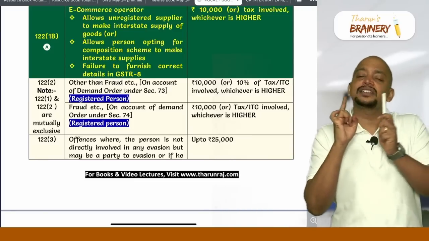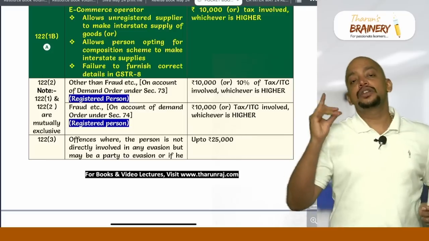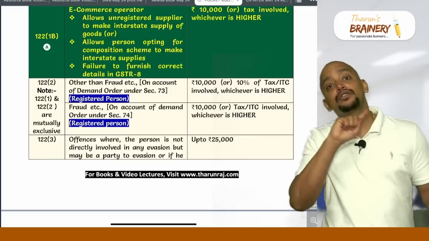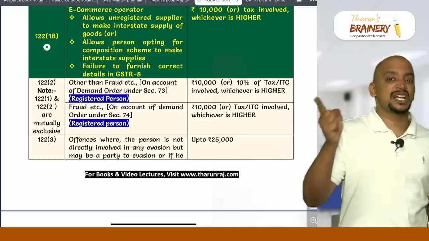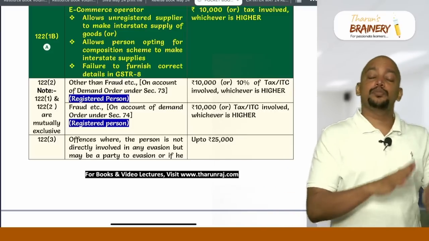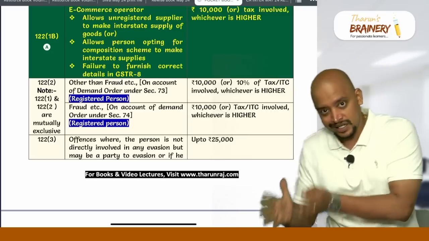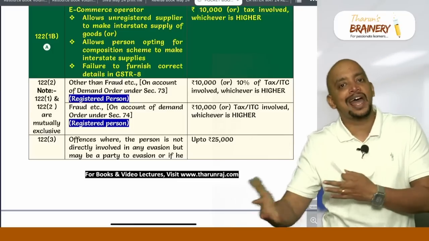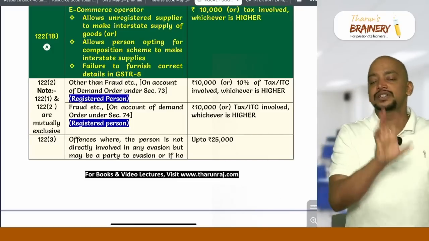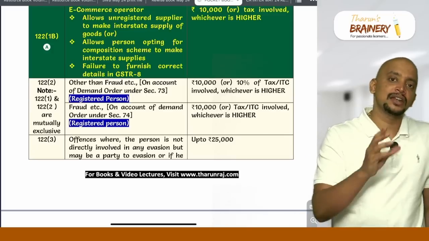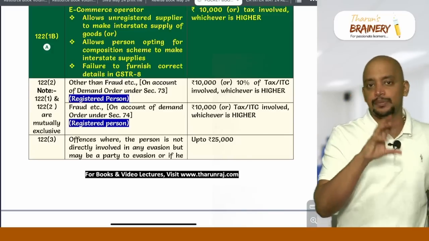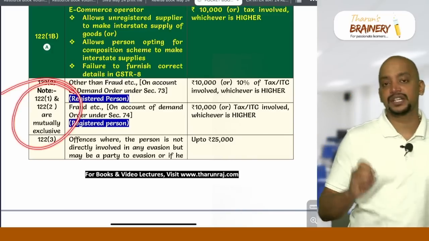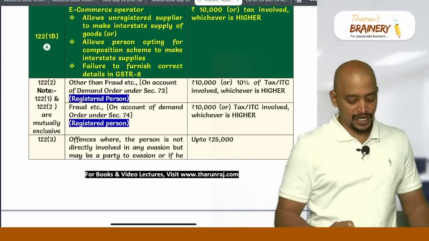The moment 73-74 is invoked, then automatically the penalty will be under 122 subsection 2. So 122 subsection 1 will not be applicable. Suppose if recovery is not initiated under 73-74, then for recovering only the penalty, means there is no tax or ITC due by the person, so just the penalty is payable. For that reason 122 subsection 1 will be applicable. So remember, 122 subsection 1 and 122 subsection 2 are mutually exclusive.